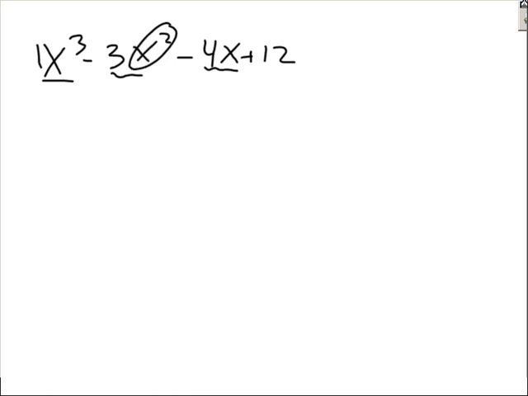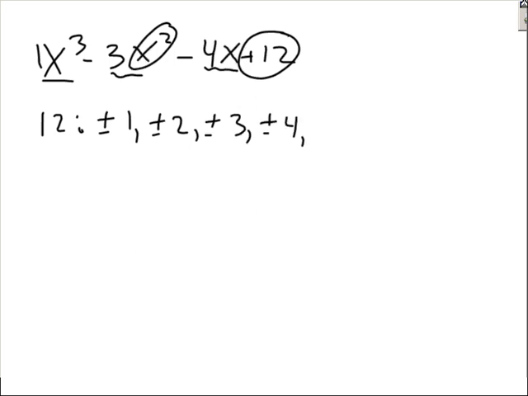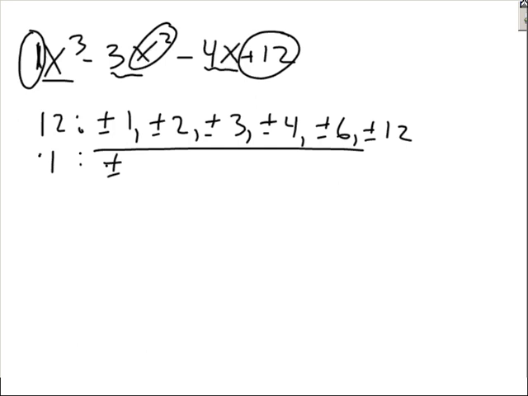So we find numbers that go into the constant. Numbers that go into 12 are plus minus 1, plus minus 2, 3, 4, 6, and 12. And the numbers that go into the coefficient of the x cubed, the highest power of x, which is 1, are just plus minus 1.